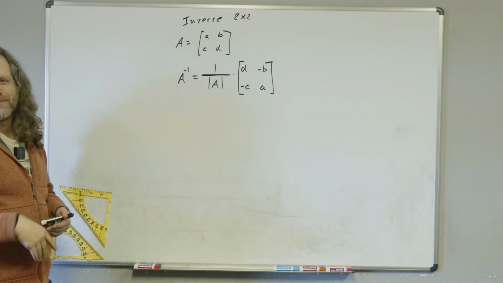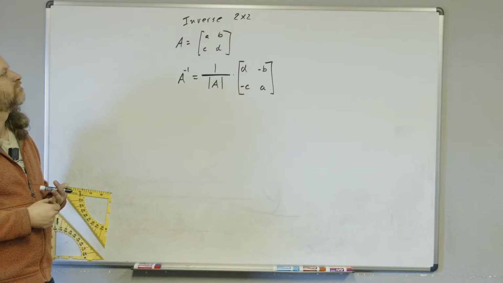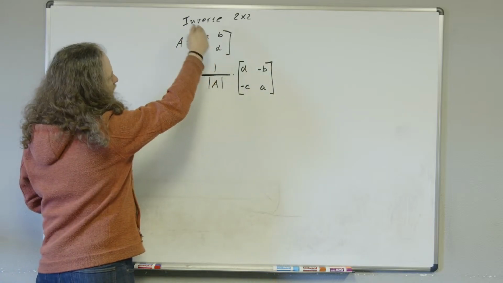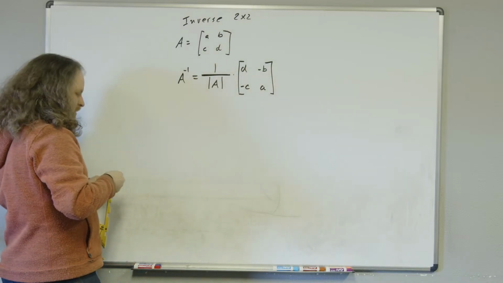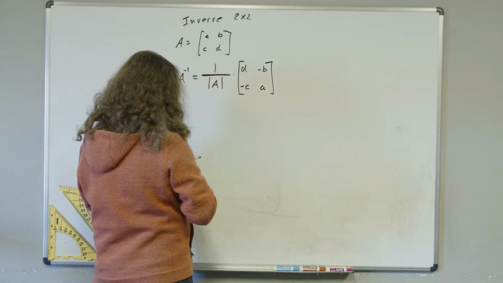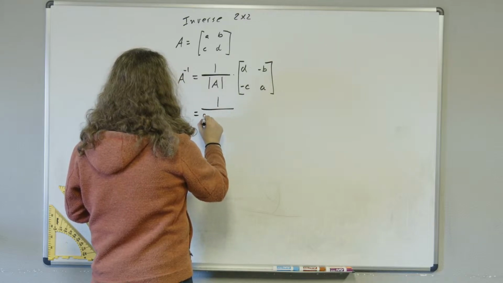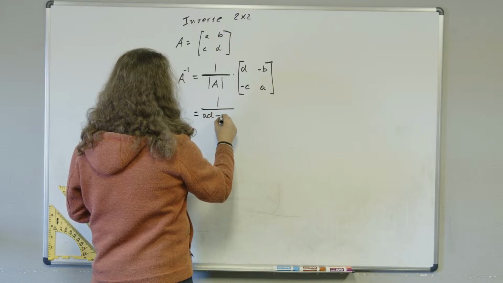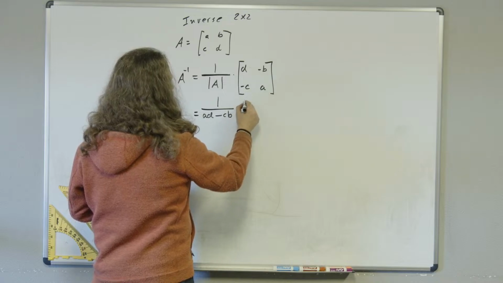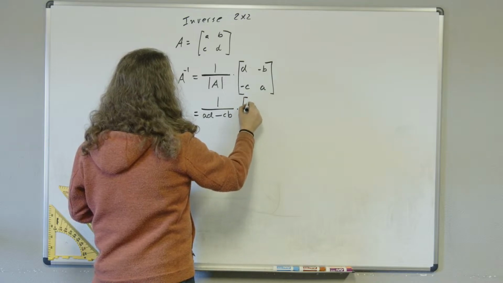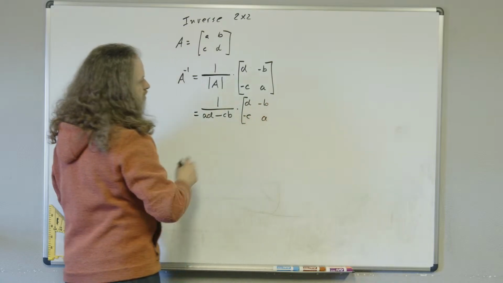You just multiply this minus these multiplied. So the determinant of A, in the long version, would be 1 over A times D minus C times B, and then we're still multiplying times that other thing.